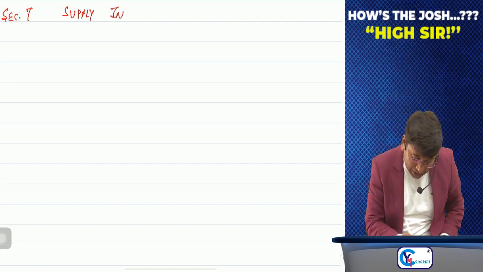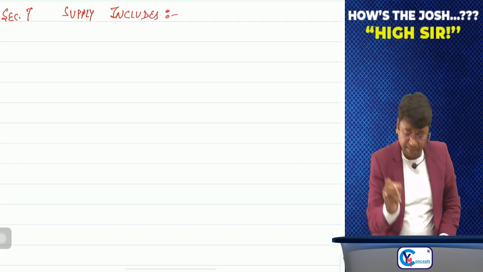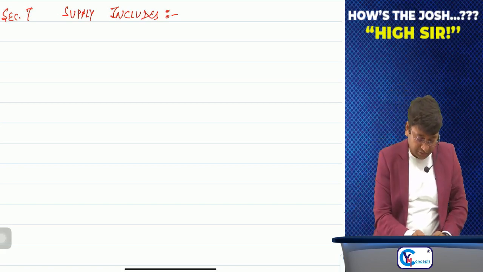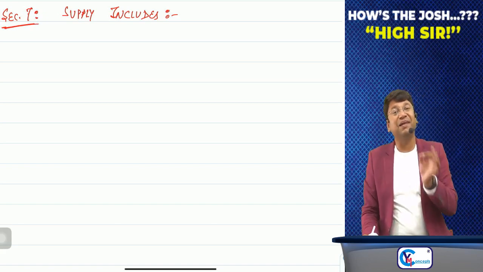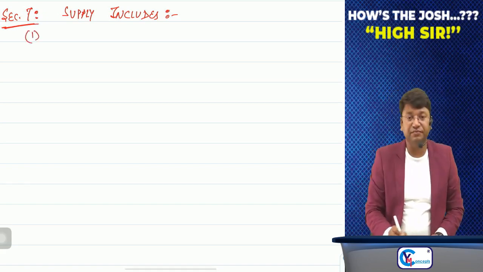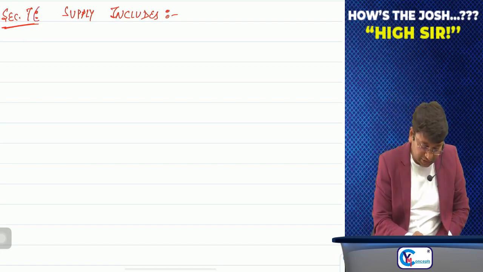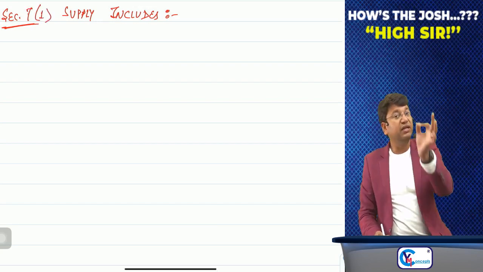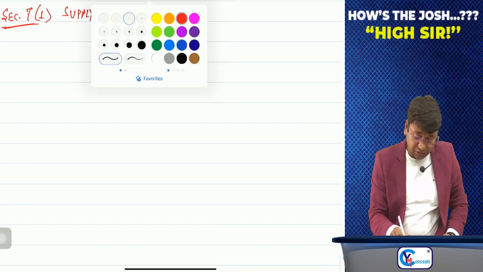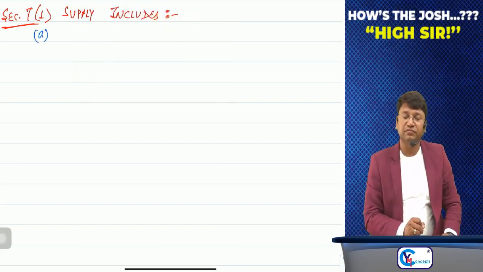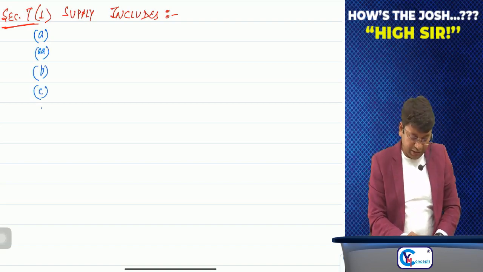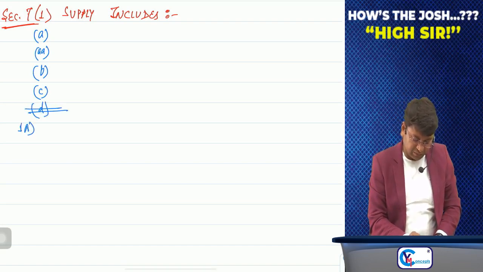Section 7 says that supply includes, in subsection 1, clauses A, AA, B and C. Earlier D was there, but D was deleted and subsection 1A was framed.